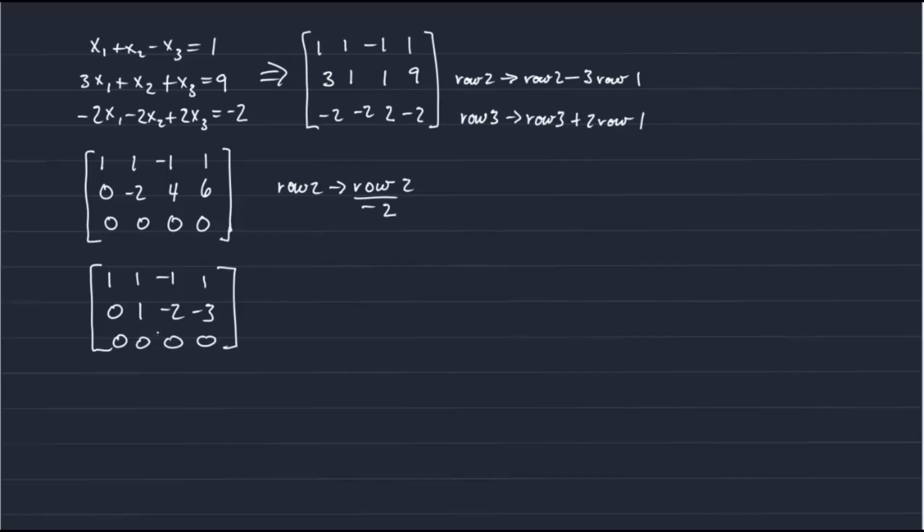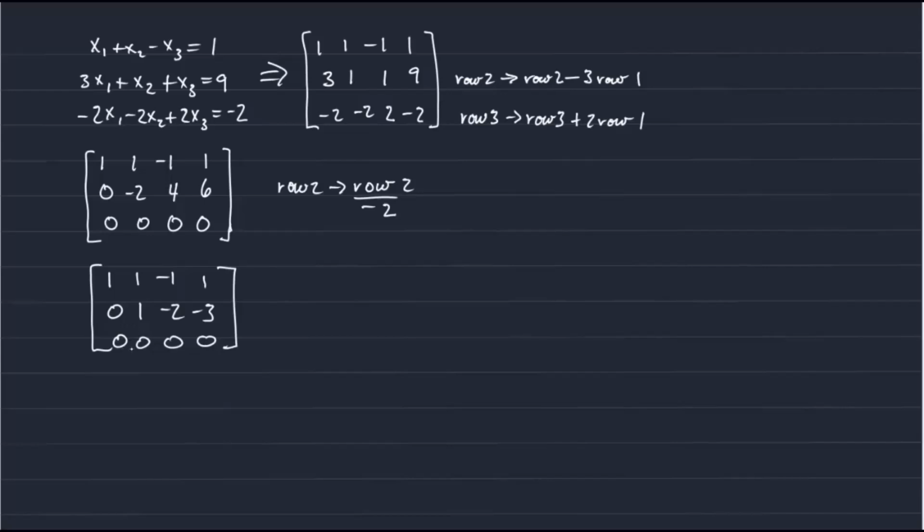To complete our reduction to row echelon form, if we look at our second lead 1, we just have to make all the other elements in that column equal to 0. And so that means making this top element 0. And so this is where we start working from bottom up.